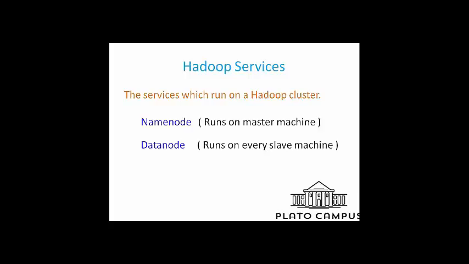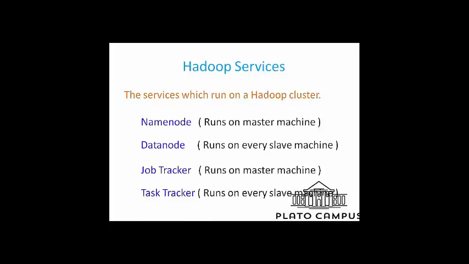Name node is a service which is running on master machine, and a data node is a service which is running on every slave machine. And these two services, name node and data node, are taking care of the storage part of Hadoop. That is your HDFS, Hadoop Distributed File System.